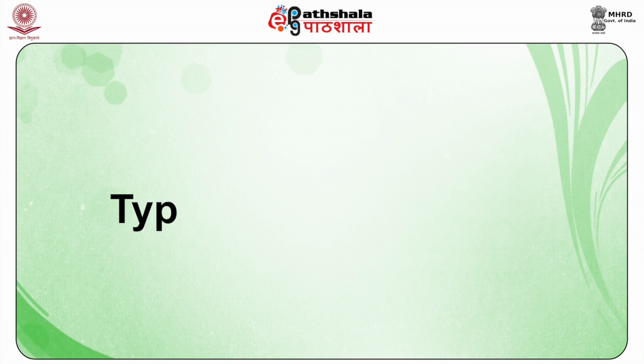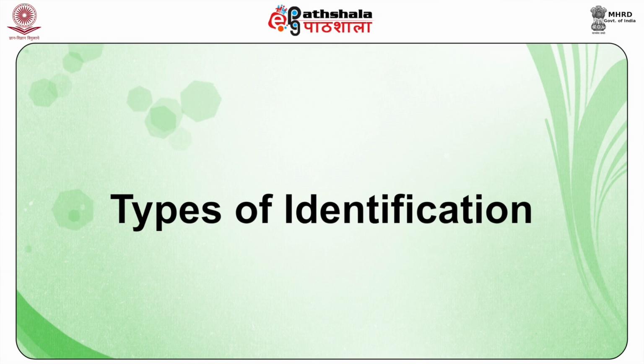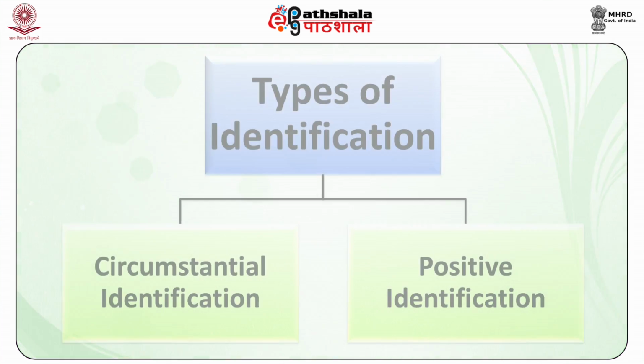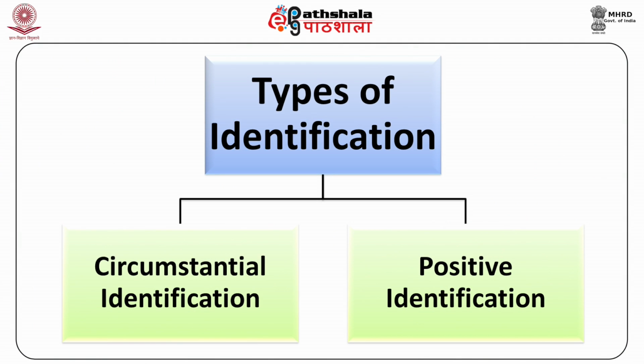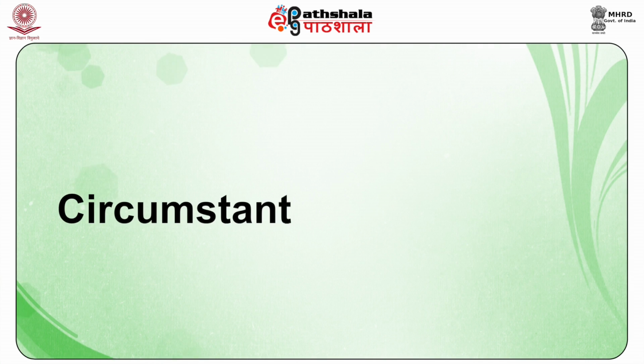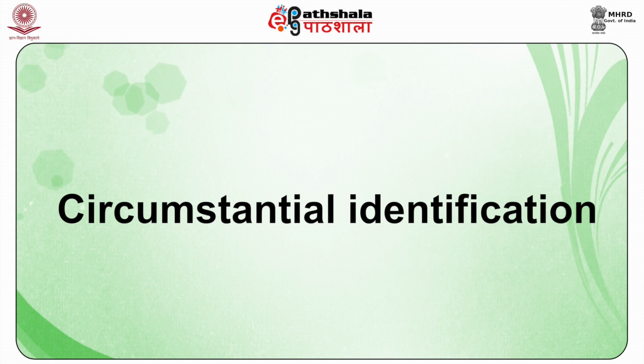Then I will be talking on the types of identification. There are basically two types of identification which are used in forensic anthropology. The first is circumstantial identification and the second is positive identification. First, we'll talk about circumstantial identification.